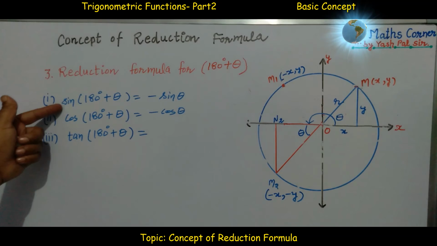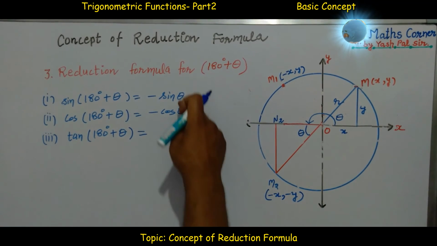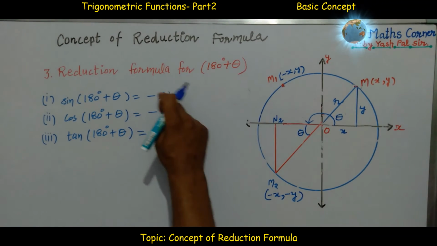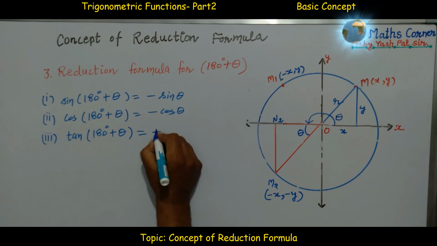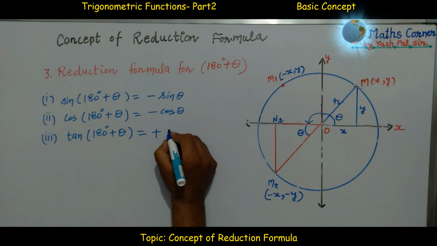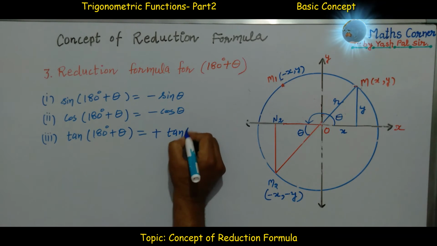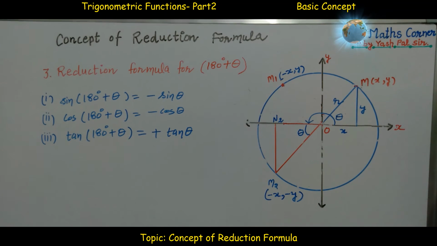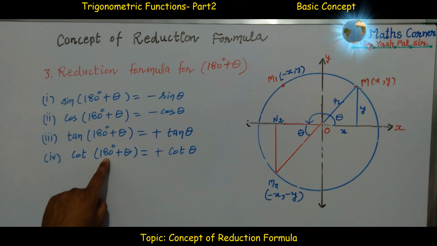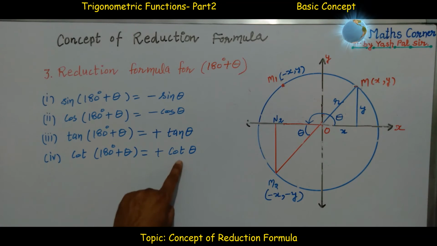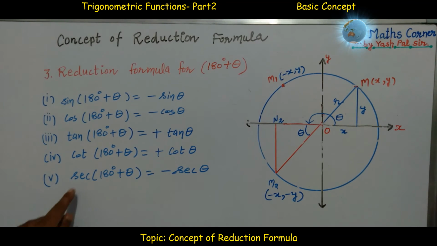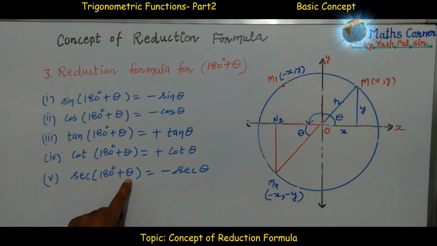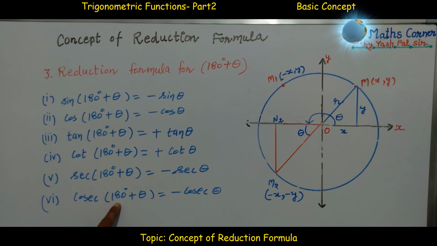Dividing sine theta upon cos theta, that becomes tangent theta. So minus minus cancelled, and here this is positive tangent theta. Similarly, cotangent 180 degree plus theta is also positive cot theta. Next, secant 180 degree plus theta is minus secant theta. Cosecant 180 degree plus theta is also minus cosecant theta.